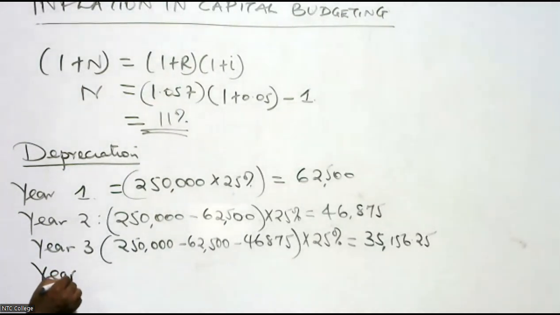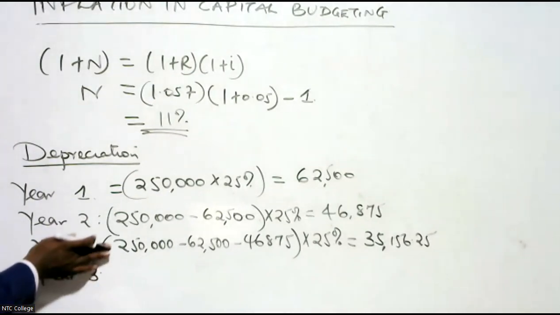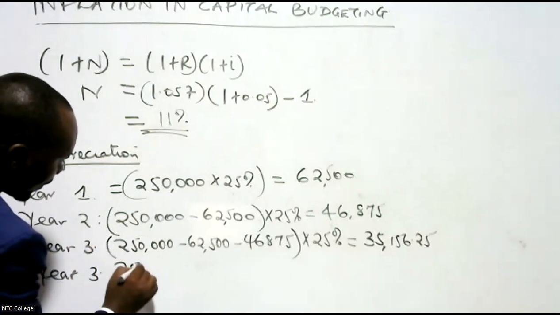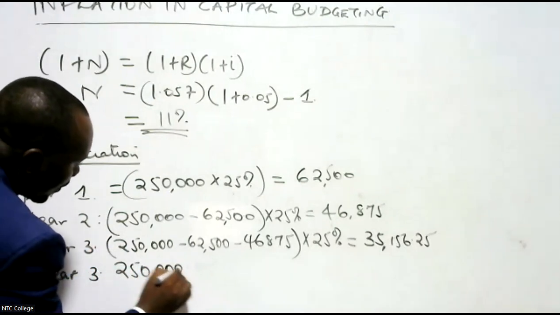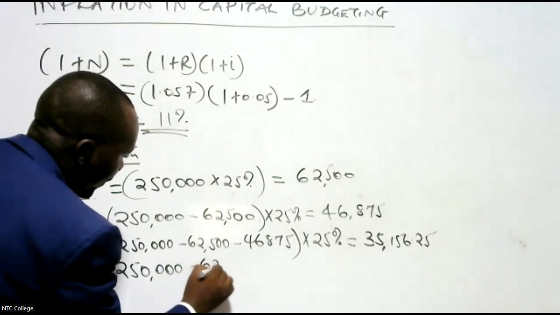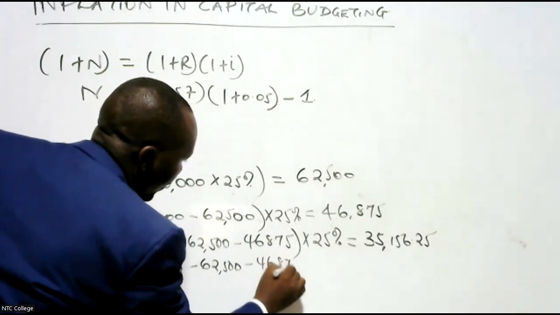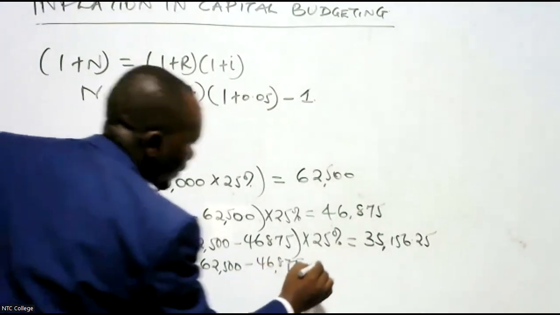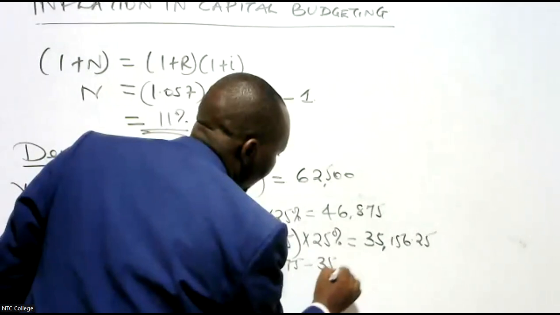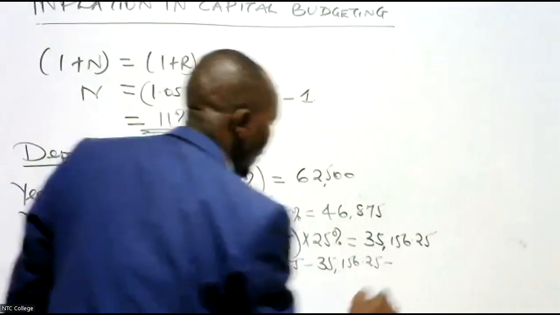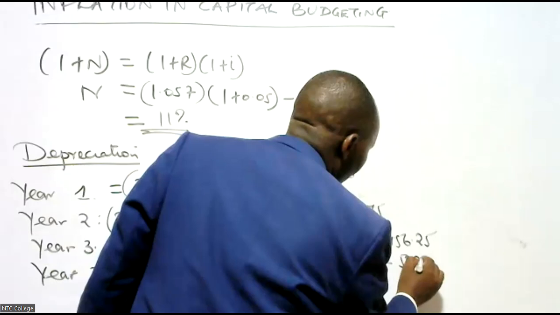Now year 4. For reducing balance, year 4 is where you now put the scrap value. So what you do, you take the full figure minus depreciation for the first year, minus depreciation for the second year, minus depreciation for the third year, minus 5,000 now.